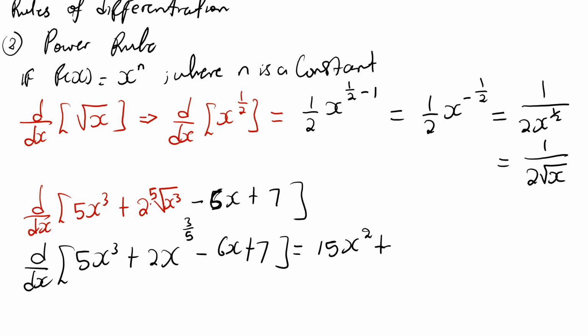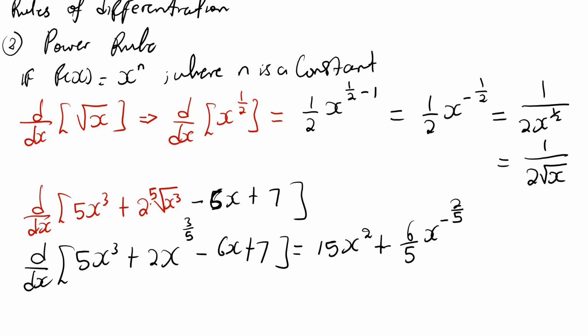We drop this 3 over 5 and it multiplies 2, so it will be 6 over 5 x to the exponent of, then we subtract 1 from 3 over 5. 3 over 5 minus 1 gives us minus 2 over 5.